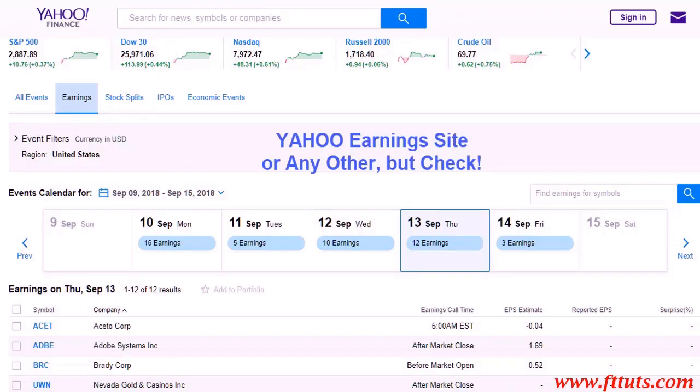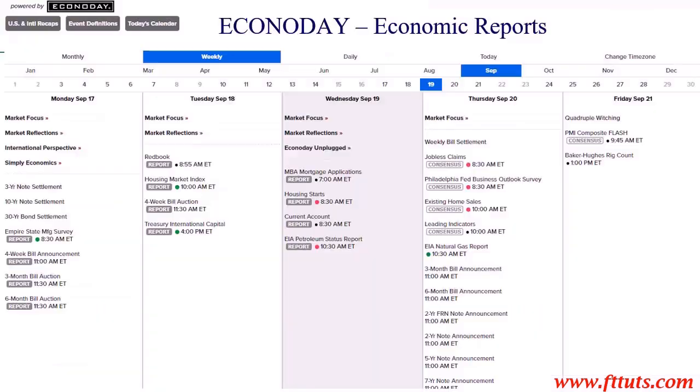Anytime you're going to trade any stock, you should be checking to make sure that it's not going to report earnings, because earnings season happens over a course of weeks, and you don't want to be blindsided by buying something or owning a particular stock and then having a negative surprise. It's nice when it happens in the other direction, but it is not professional to be owning a particular stock and not being aware of when it's going to report earnings.